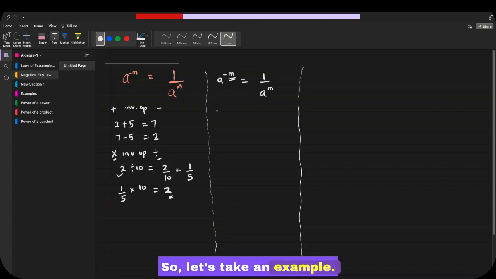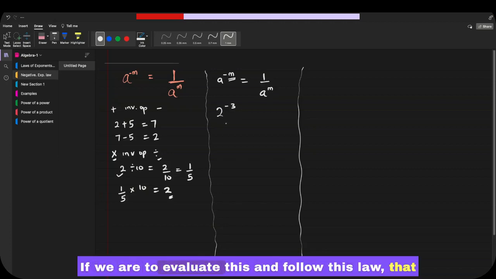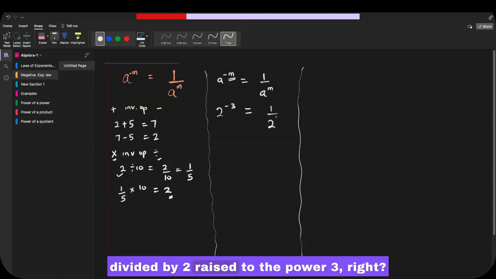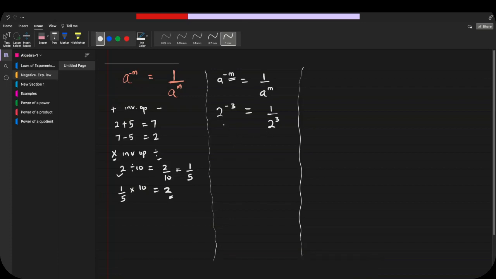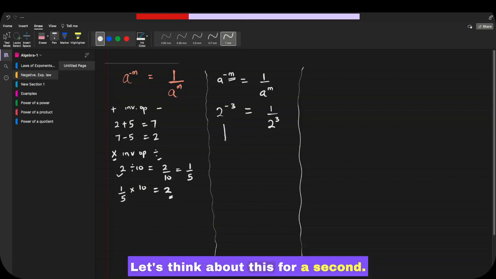So let's take an example. 2 raised to the power minus 3. If we are to evaluate this and follow this law, that means we would be saying it is the same as 1 divided by 2 raised to the power 3. Let's think about this for a second.